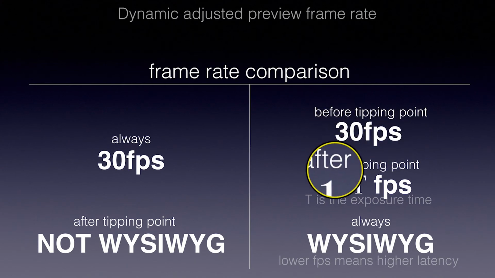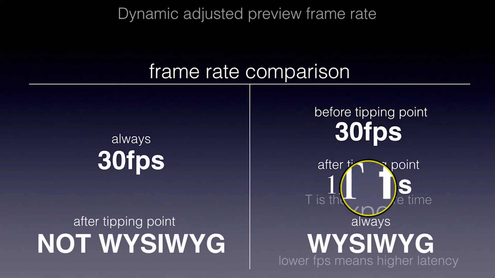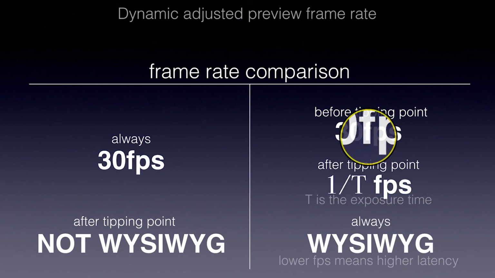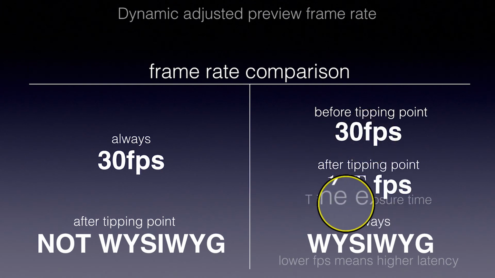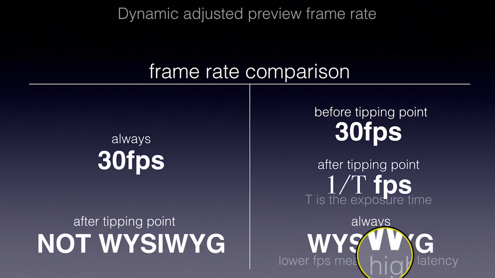So the real refresh rate of your preview now is like this, where T is exactly the exposure time you have. But by doing this, you finally achieve what you see is what you get. The image on the preview is exactly what you will get after this shot.